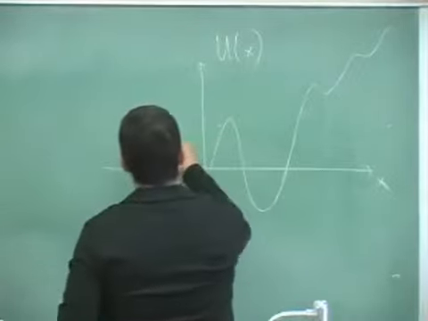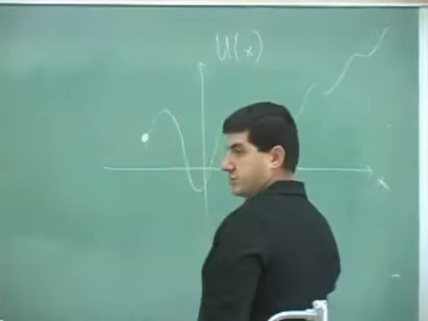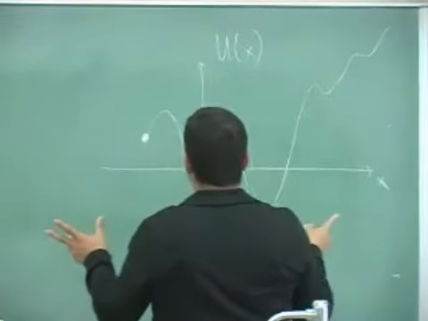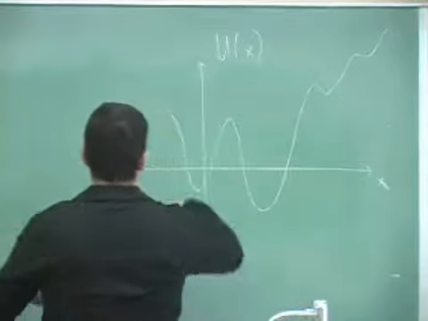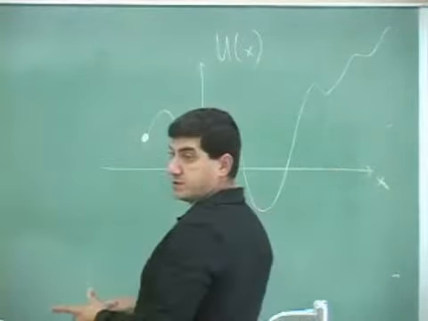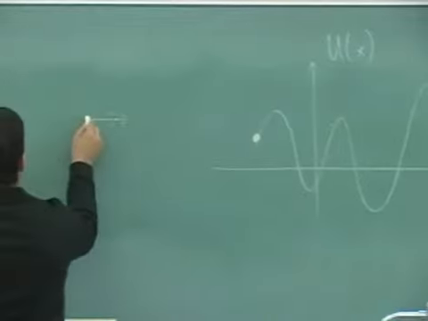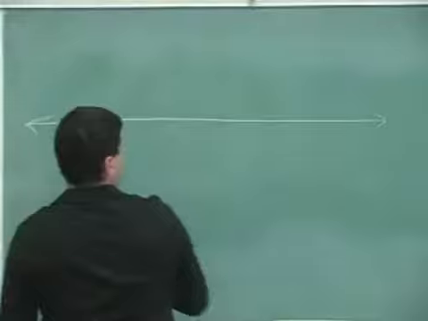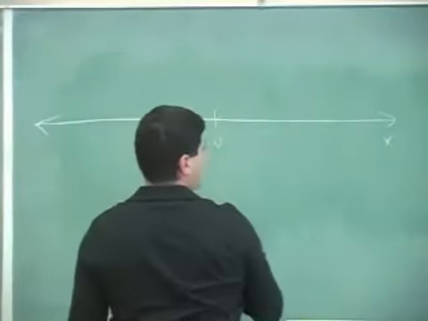When the object is here, what's going to happen to the object? Okay? This is the potential energy function, and this object is undergoing one-dimensional motion. So here's the x, here's the origin.